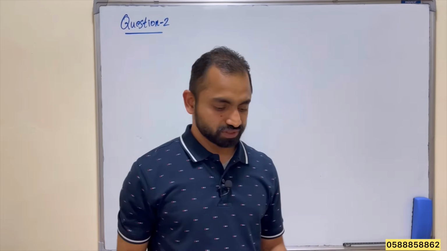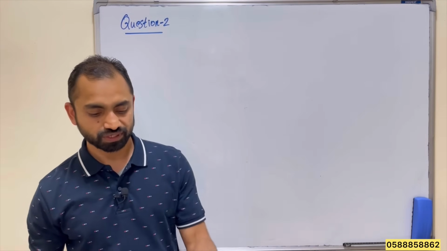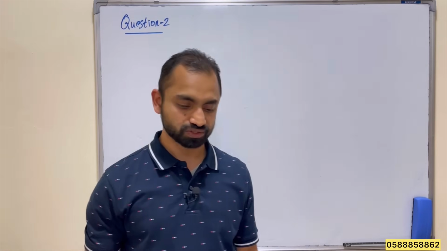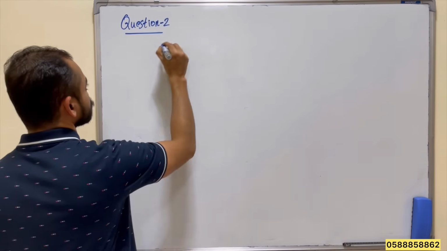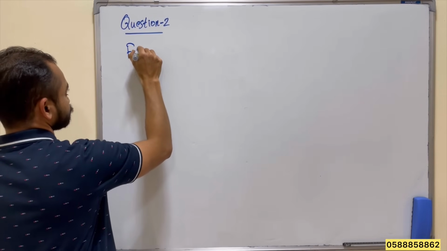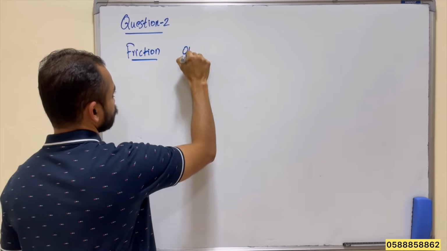Question number 2 is about friction. Define friction. Friction force as a type of force between two touching surfaces and determine its direction. So what is friction? Friction is an opposing force.